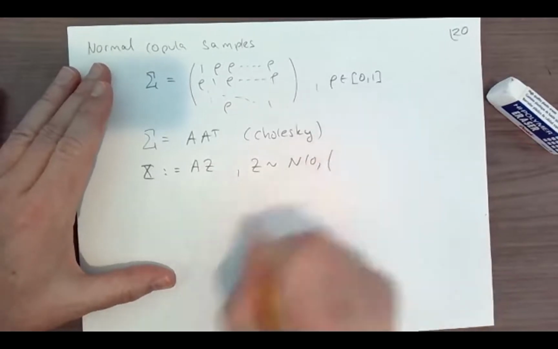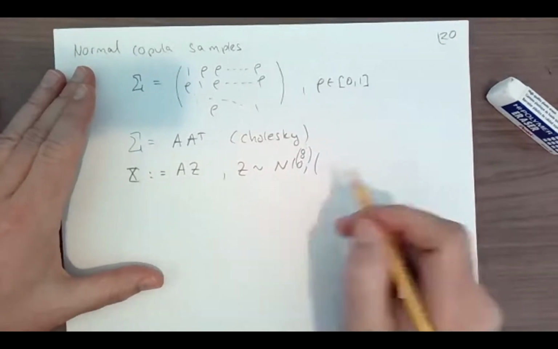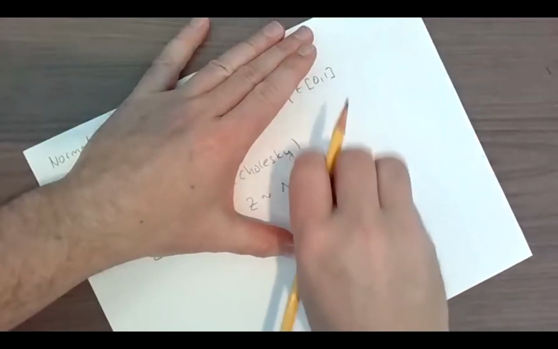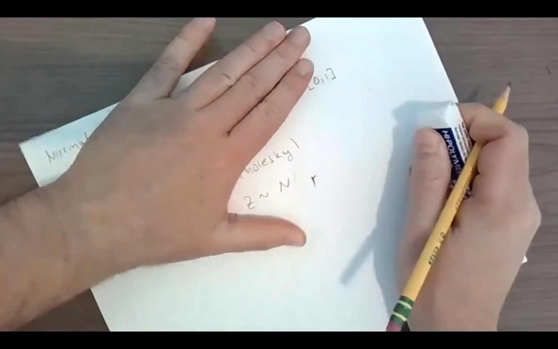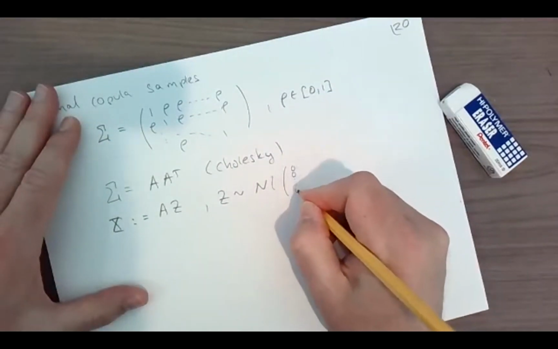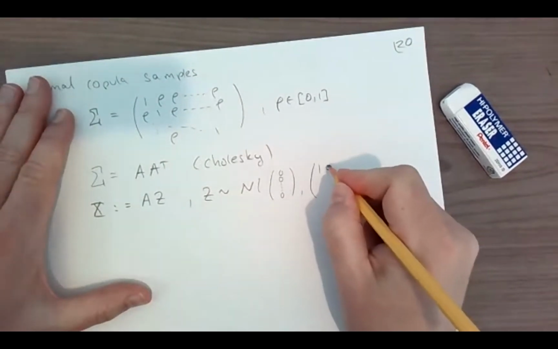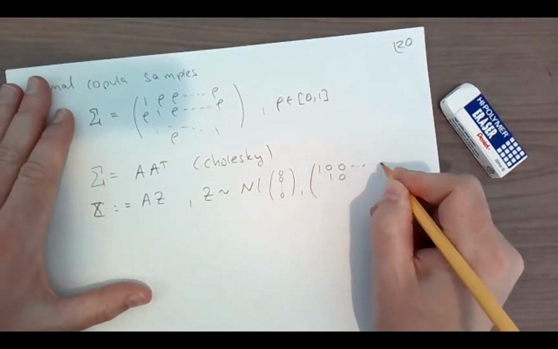So here you have the mean. We'll be more careful here. The mean has zeros, and the variance is just 1, 0, 0, 1.